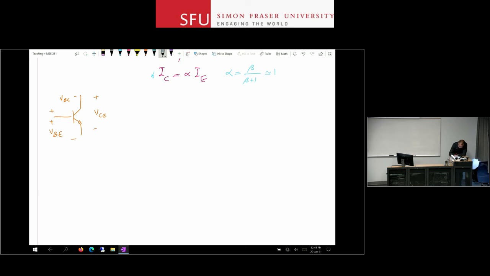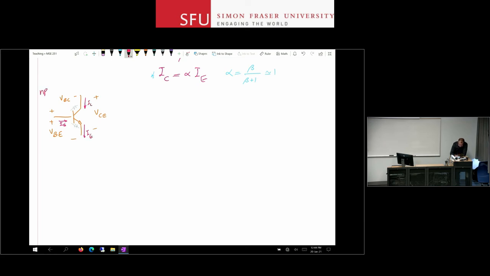At the very beginning, I suggest you do this all the time for the first maybe 10 problems that you solve. I draw these little diodes here to keep reminding myself what should be the orientation of these diodes and then their biasing. And the collector current and all the currents have predetermined directions. So you do not choose IB to come out of the base of an NPN transistor.